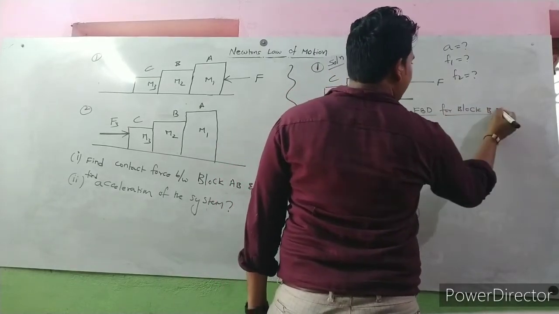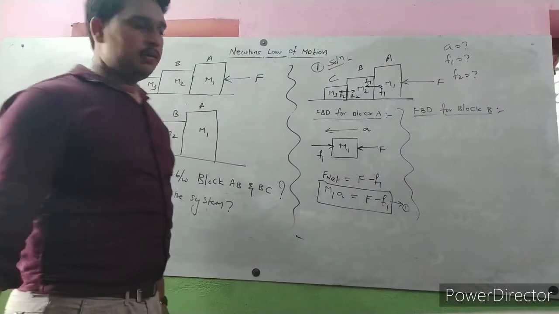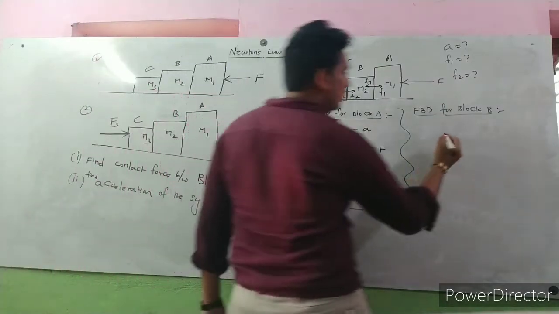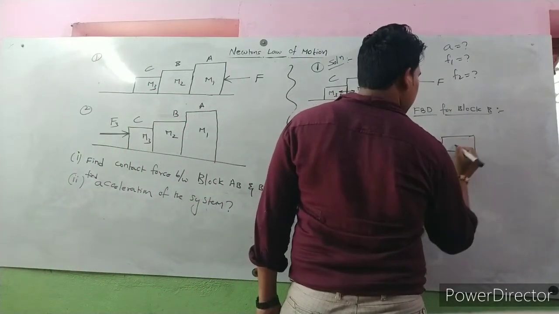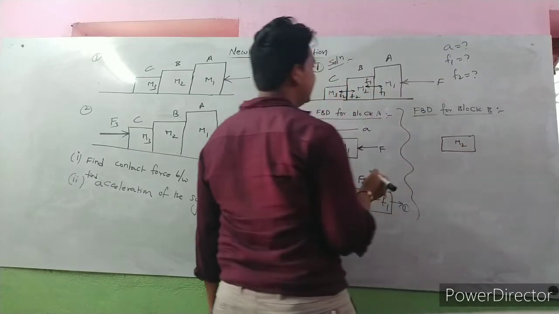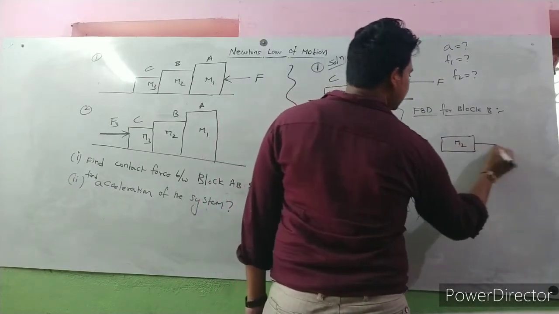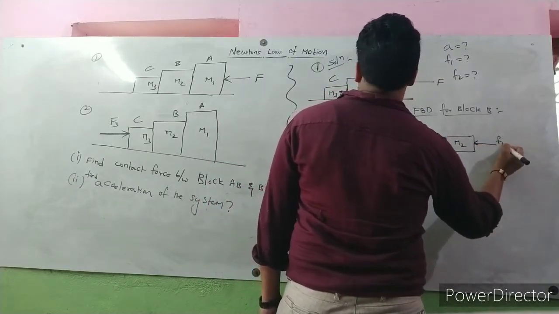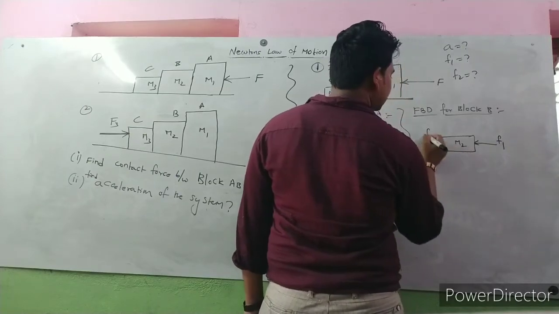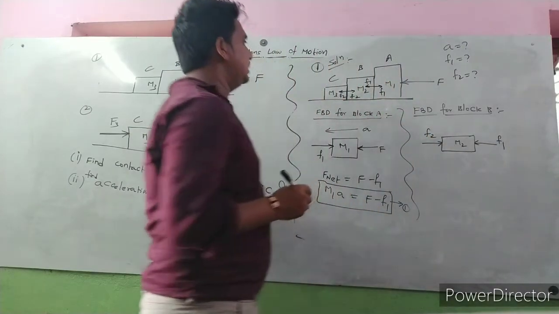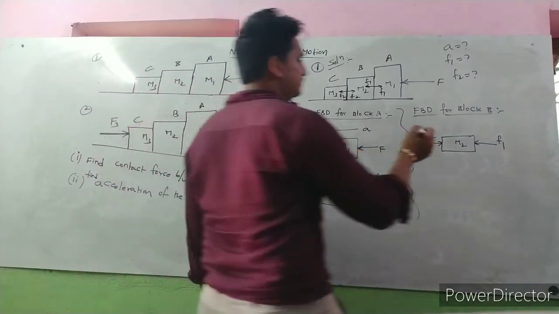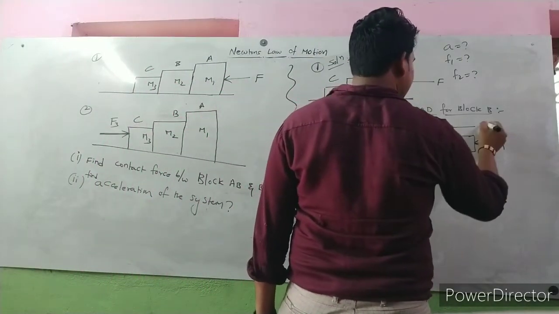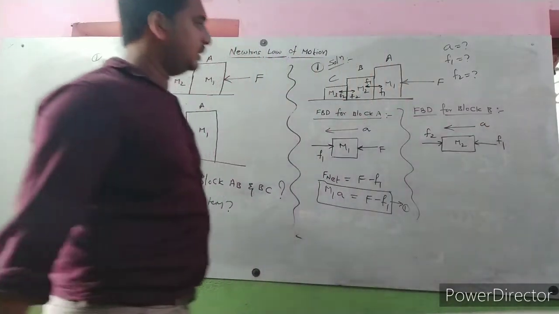Free body diagram, FBD for block B. This is M2. What are the forces acting on it? F1 force is acting in this direction, F2 force is acting in this direction, and acceleration is in this direction.